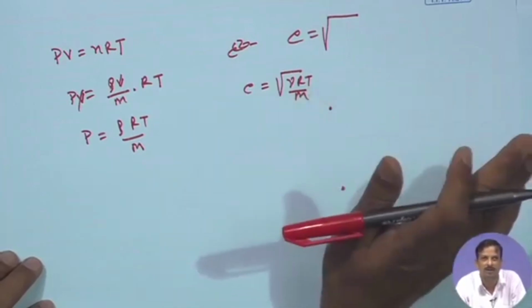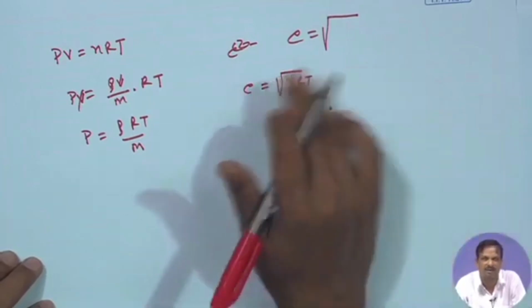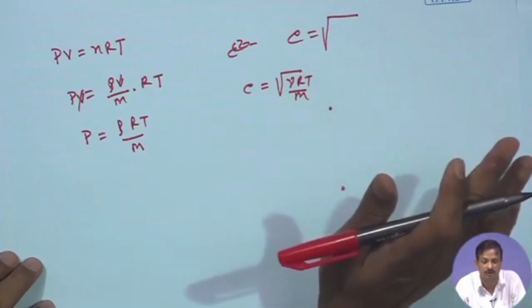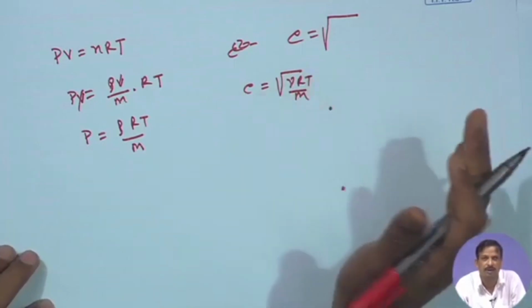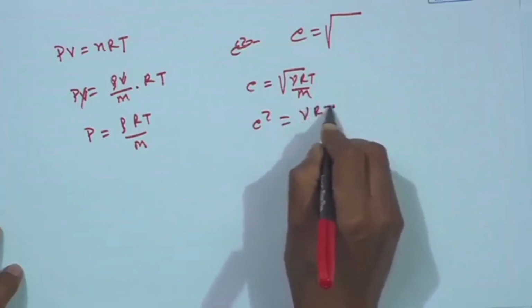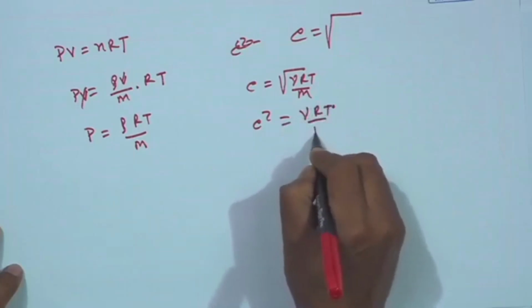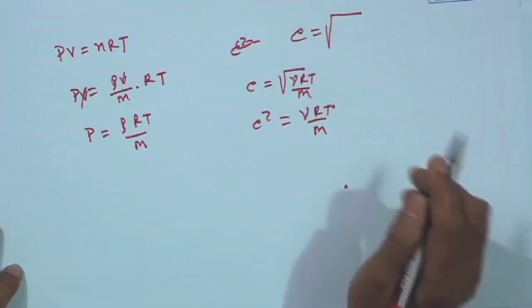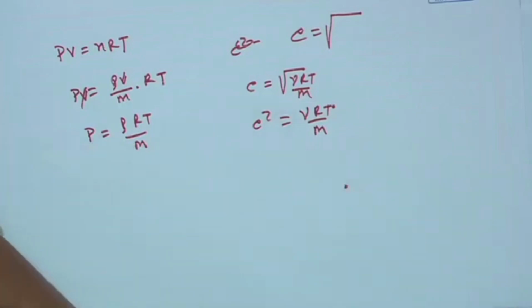Next day I can also do that if you require. You can send me a mail, or see my other lecture in audio system engineering, derivation of linear wave equation. Now c squared is equal to gamma R T by m. What is gamma? Gamma is nothing but the specific heat ratio.